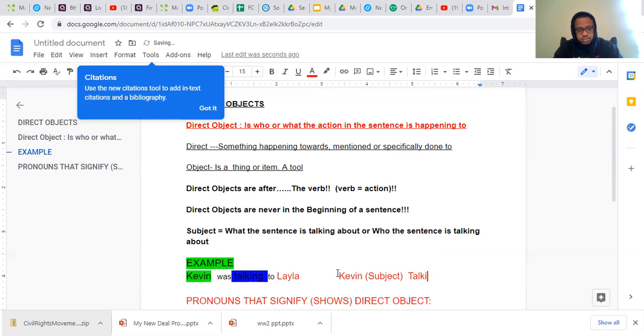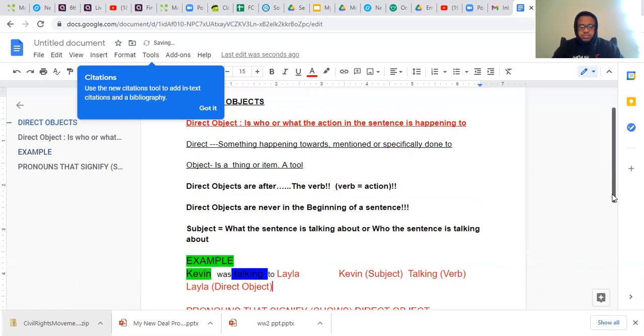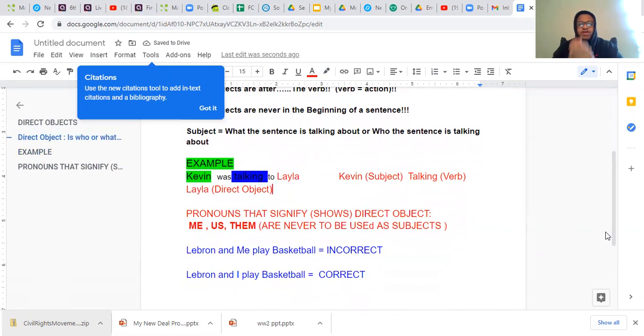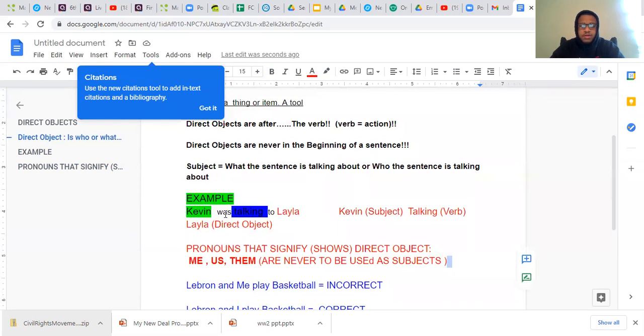Talking, verb, action word. Layla, direct object. All right. Pronouns that signify direct object: me, us, them are never to be used as subjects. And there's an example of how they're used as subjects. So there we have example, definition.